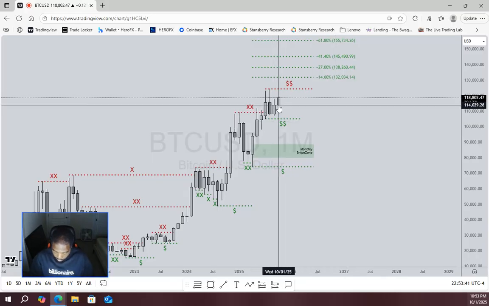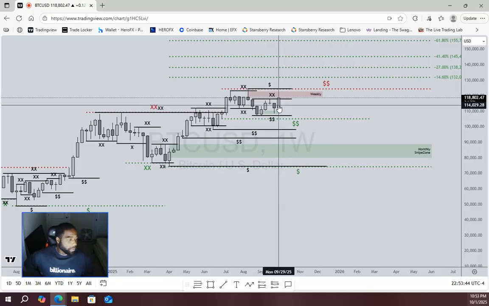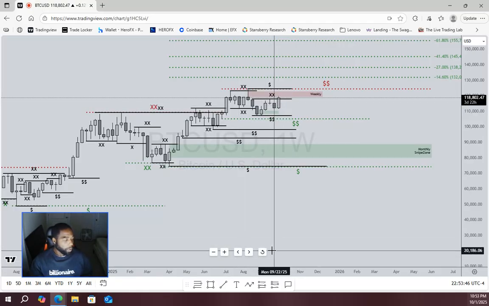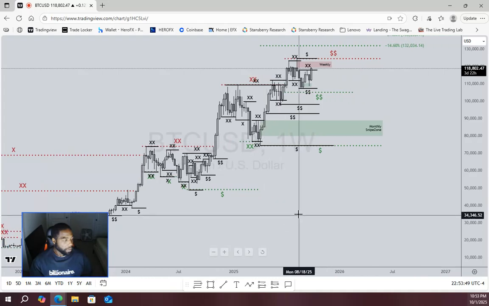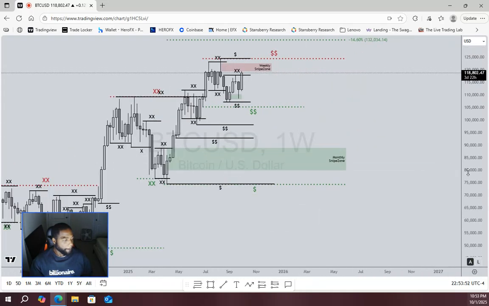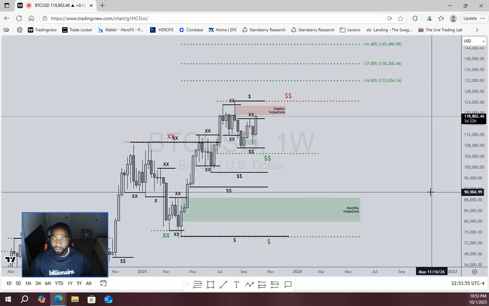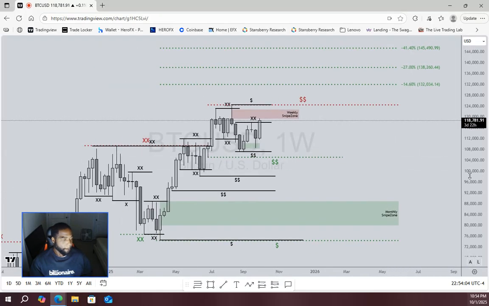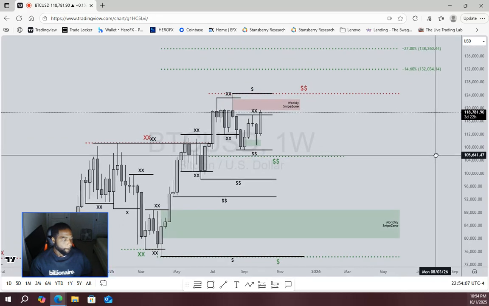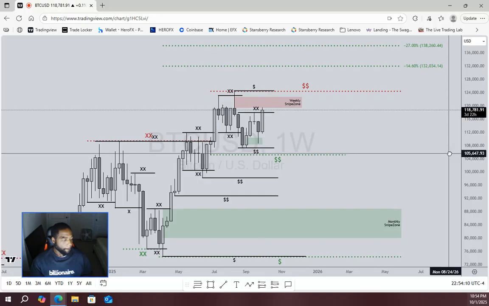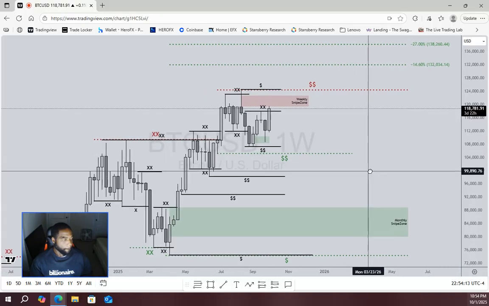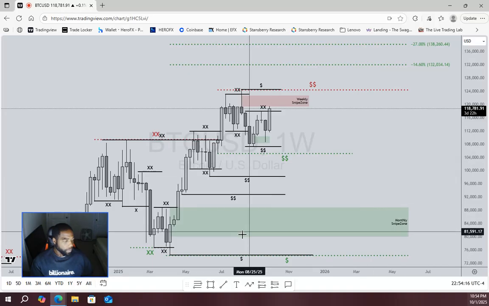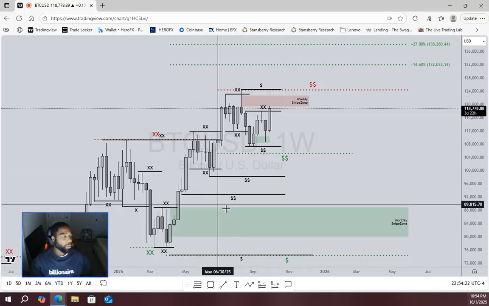So we're going to go down to the weekly time frame to determine what price is doing on the weekly time frame inside of this monthly time frame price action. So this is the price action inside of these monthly swing points. This is the weekly price action.